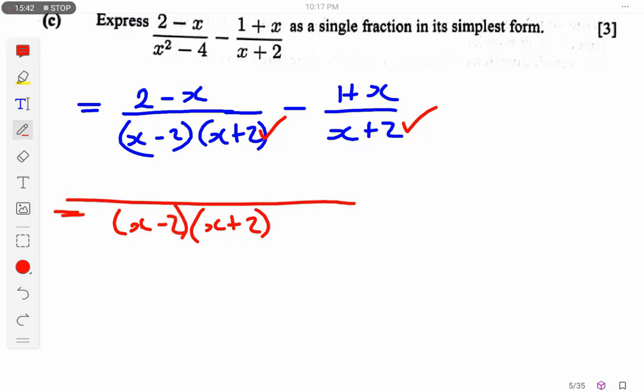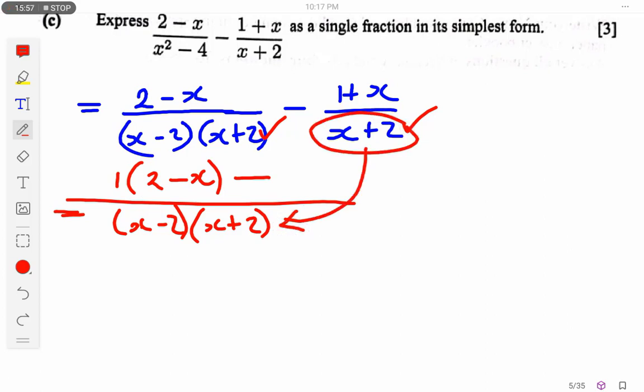Now, when we have this common denominator, I'm going to say this denominator into this whole denominator, what do I get? It's a 1. So it's just 1 by 2 minus x like that. Minus this denominator into this whole denominator, you find out it goes there and we remain with x minus 2. Then we multiply with this factor there. So 1 plus x like this.